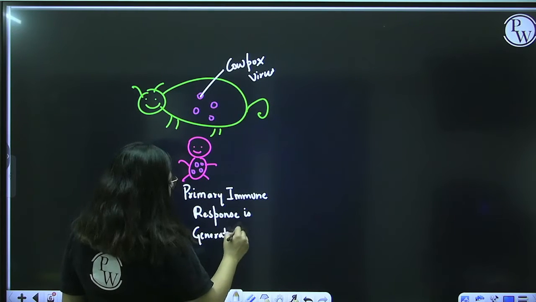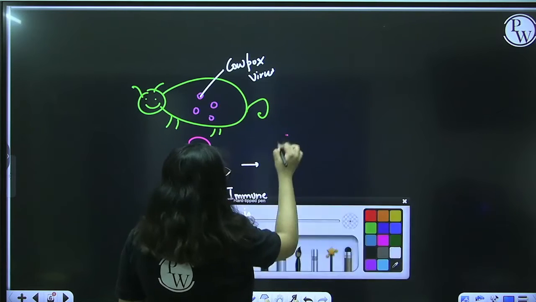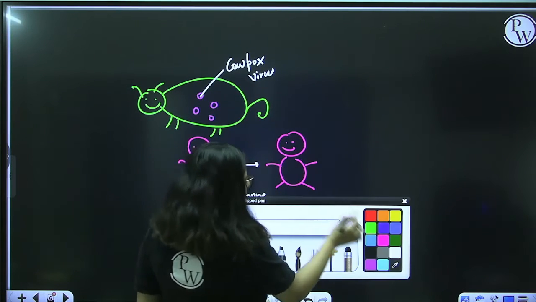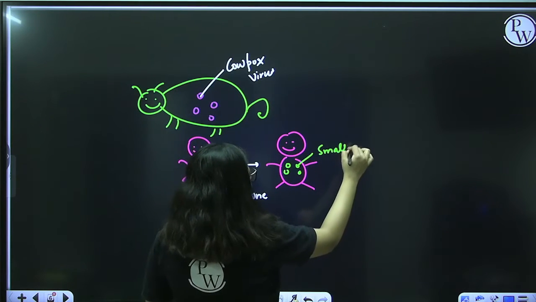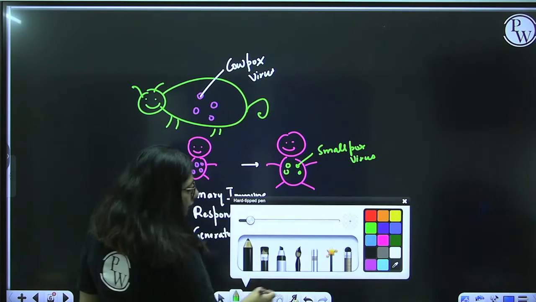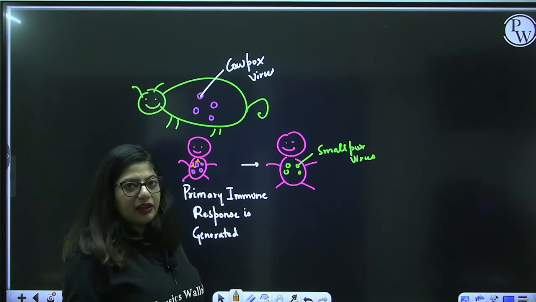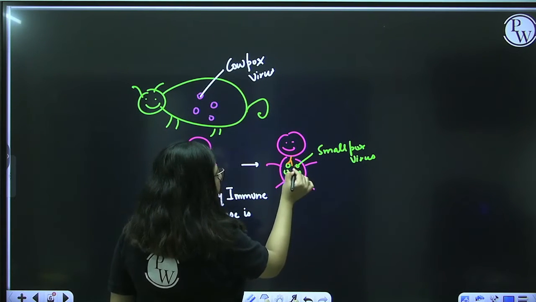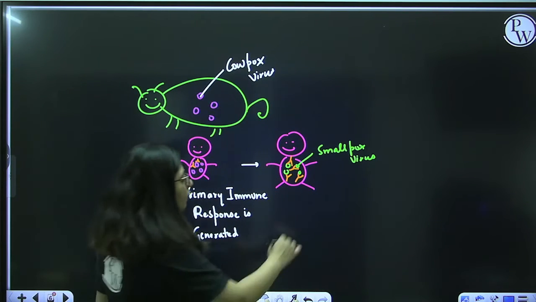Okay, imagine the same person gets exposed to the smallpox virus. This is smallpox virus. So during exposure to the cowpox virus, some antibodies were generated. Now the same antibodies can also work for the smallpox virus, and this will be completely killed, and this is how there is no disease.